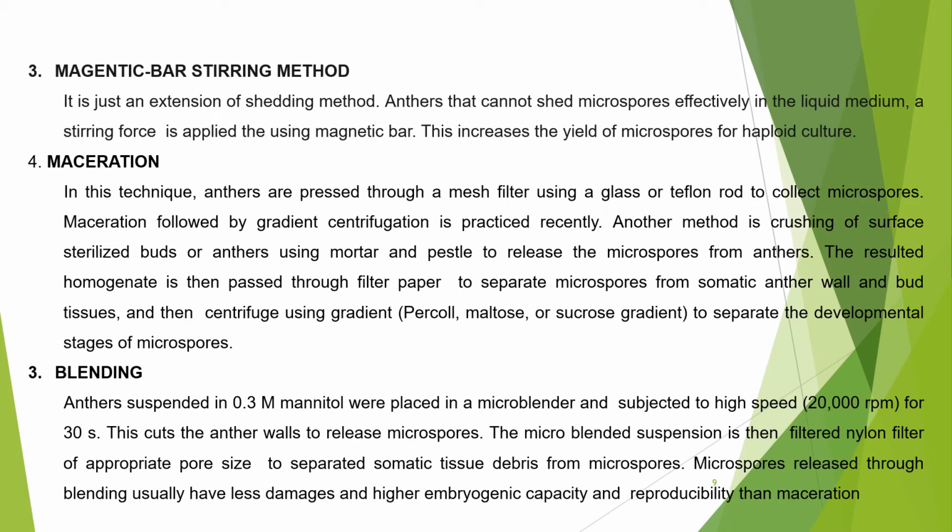This technique is efficient as it causes less damage, and higher embryonic capacity and reproducibility are observed. However, the method needs to be standardized as to at what velocity and for what time the blending is to be done.